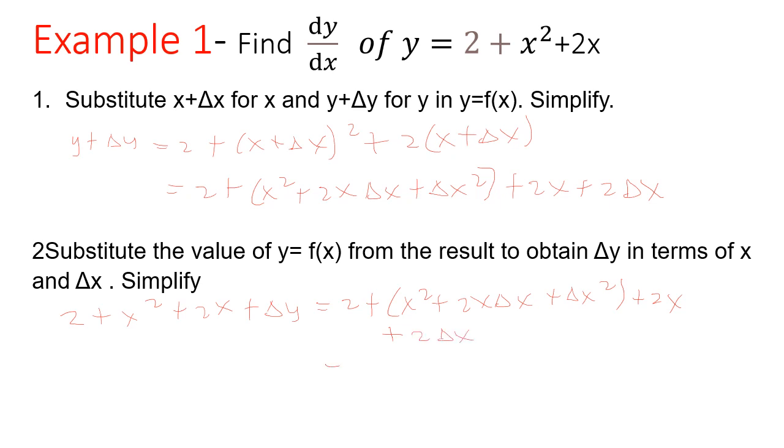So this is equivalent to delta y equals 2x delta x plus delta x squared plus 2 delta x.